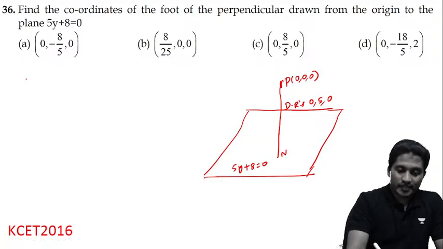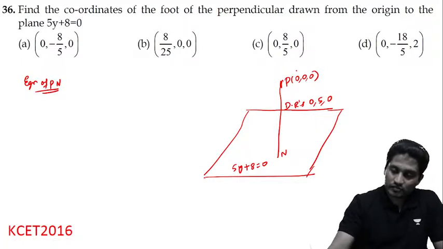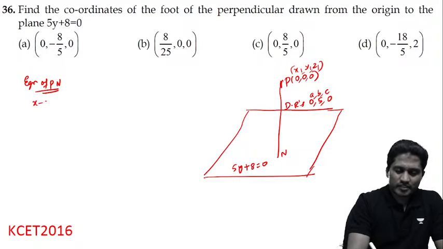Right, now equation of PN will be equal to, this is x1 y1 z1. DRs are a, b, c. Equation of PN will be equal to x minus x1 by a equal to y minus y1 by b equal to z minus z1 on c.